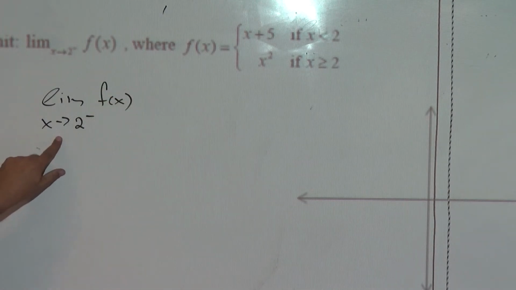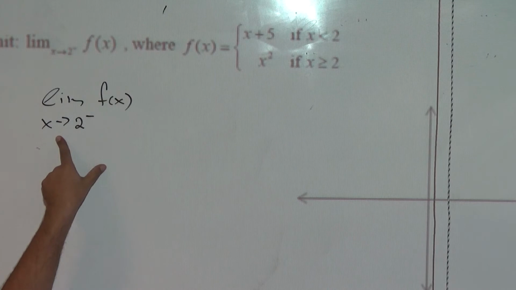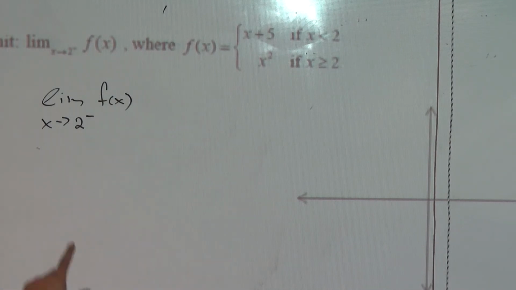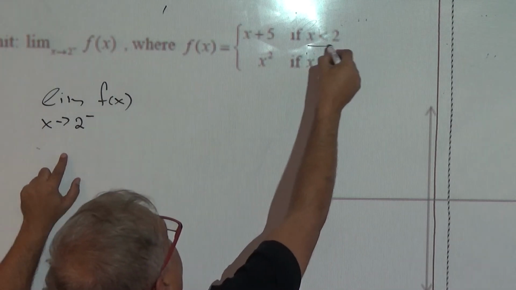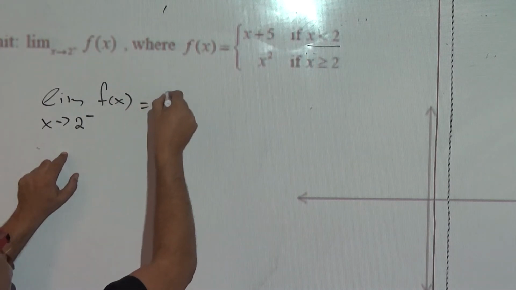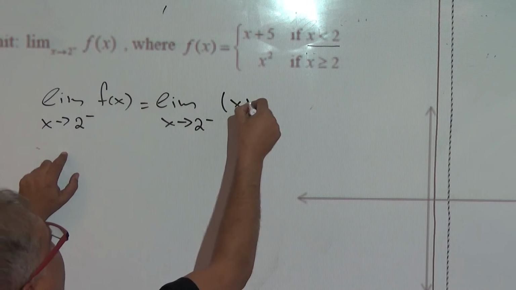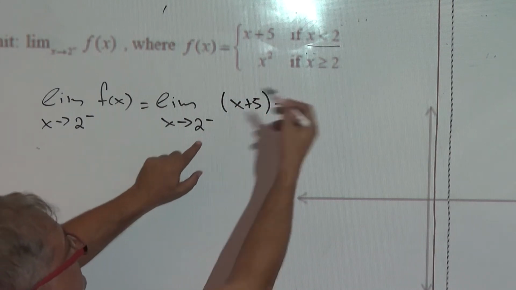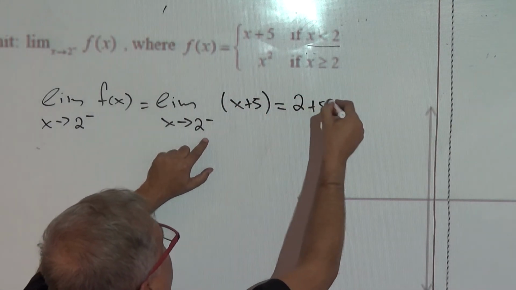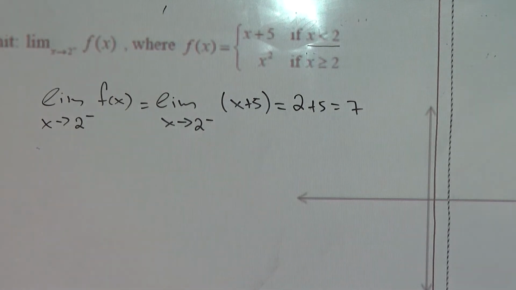So if it's from the left, okay, you can see the function, okay? From the left, that means for x less than 2, so I take this function. So this is the limit as x goes to 2 from the left of x + 5. Again, I substitute first a number in, so 2 + 5 is 7, and the limit exists.